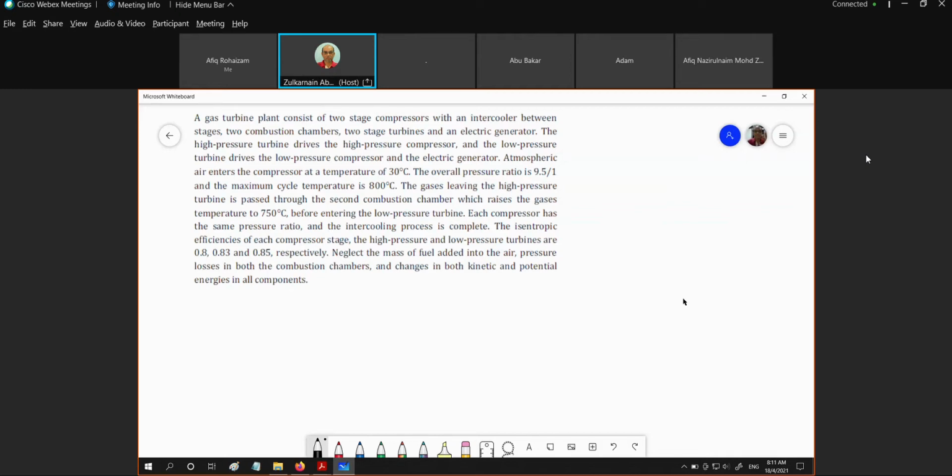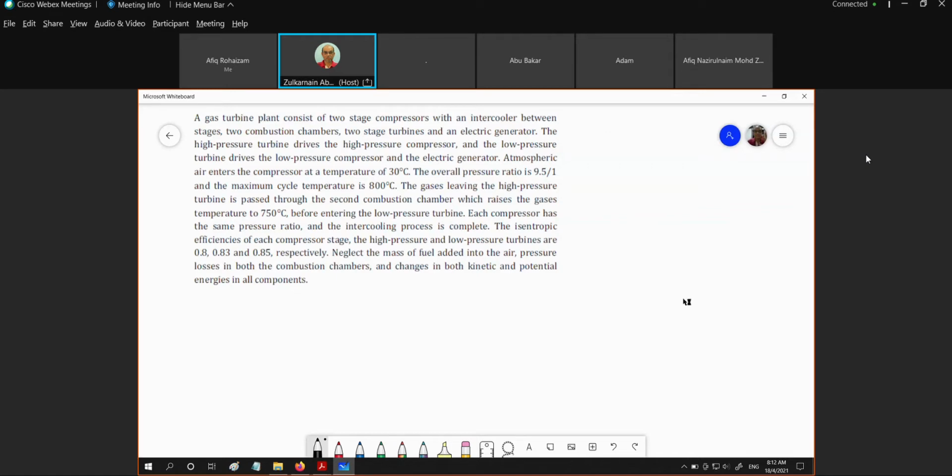Then we have an electric generator. The high pressure turbine drives the high pressure compressor, and the low pressure turbine drives the low pressure compressor and electric generator. So we have two drives, or two shafts.